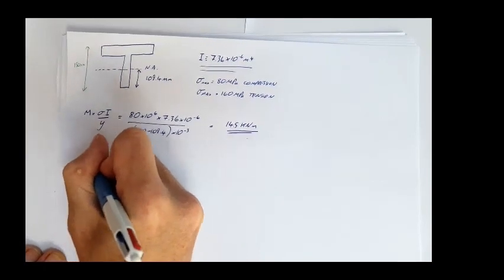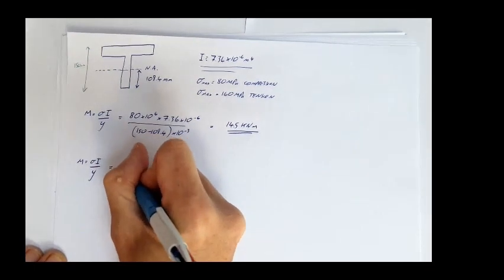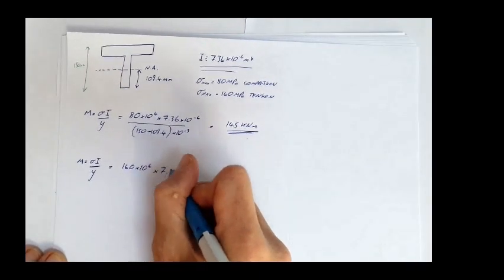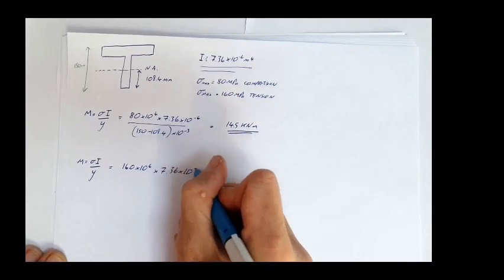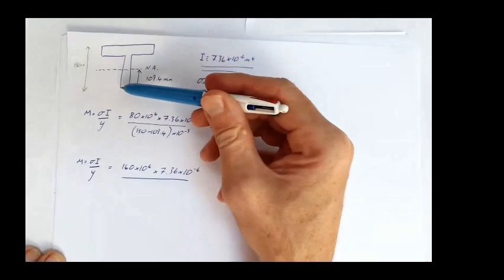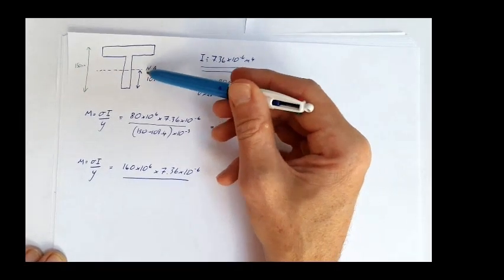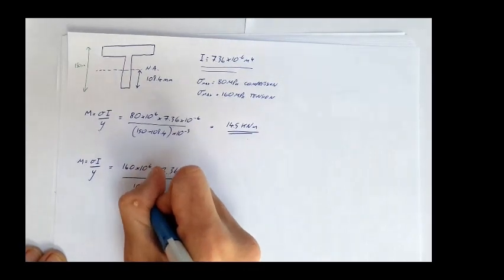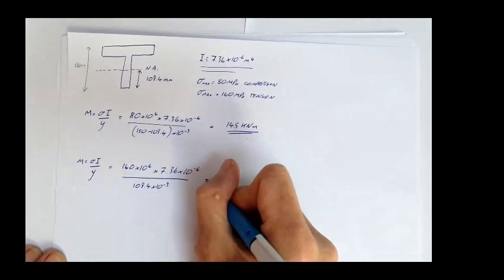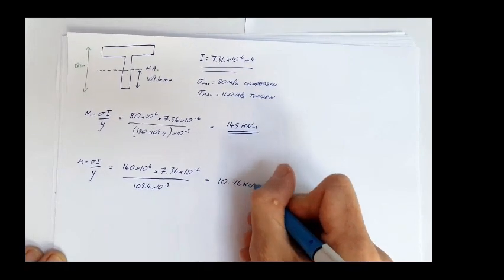My moment equals sigma I over y equals 160 megapascals this time, so 160 times 10 to the 6 times 7.36 times 10 to the minus 6, over y. The maximum tensile stress is going to be on the bottom surface, so that's 109.4 millimeters away from the neutral axis, so 109.4 times 10 to the minus 3, which is going to be 10.76 kilonewton meters.